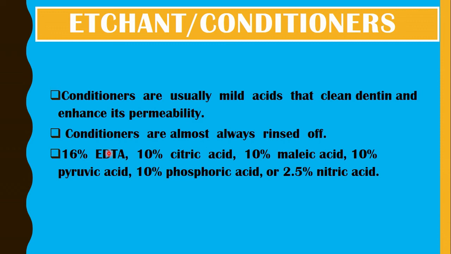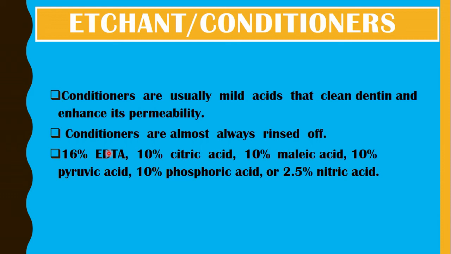They comprise 16% EDTA, 10% citric acid, 10% malic acid, 10% pyruvic acid, 10% phosphoric acid, or 2.5% nitric acid. The conditioner creates a microporosity that allows the formation of resin microtags and results in micromechanical bonding.